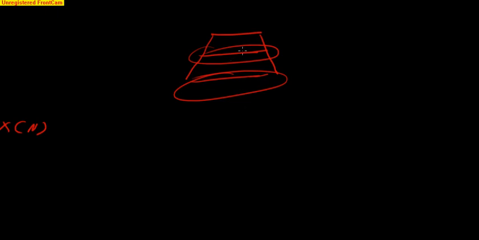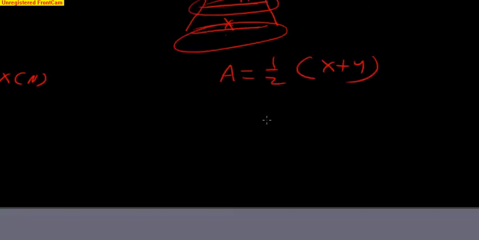If we have A as the midline, right? And then we have x representing one base and y representing another, we have A is equal to 1/2 times x plus y. Now, if you distribute the 1/2, you're going to get A is equal to x over 2 plus y over 2.